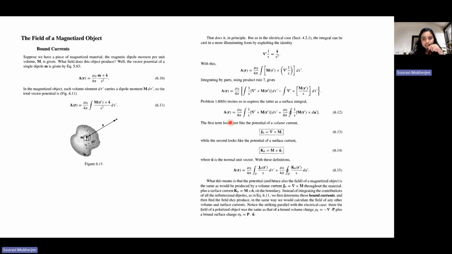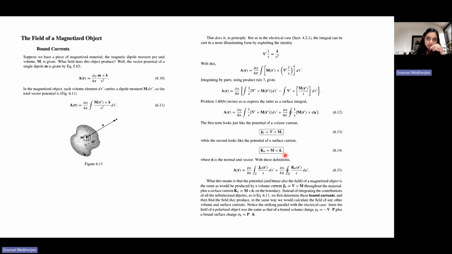It tells us again that the vector potential for a magnetized object can be written as a sum of two contributions. One is a volume current, J_B, which is the curl of M, where M is the magnetization of the material, and another is a potential due to a surface current, where the surface current is given as M cross n-hat.